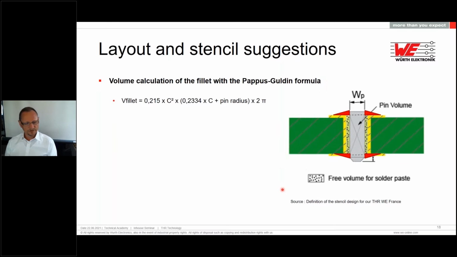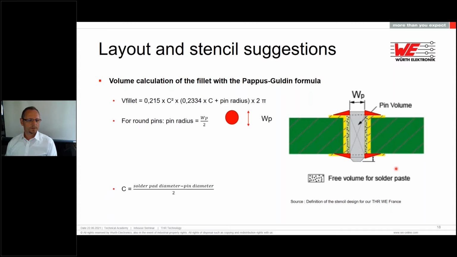So what we have to add: we already know the volume of solder paste we need inside, and now on top and bottom we need the volume for the fillets, which go all around 360 degrees on the top and bottom layer. And of course we calculate up to 100% fill of the via.